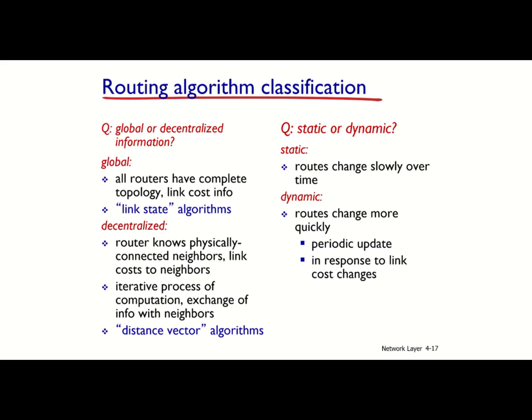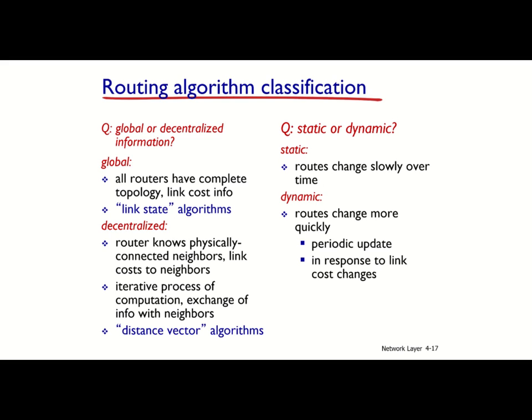Therefore, decentralized algorithms work better for large scale networks. Among the decentralized algorithms, in this lecture I'm going to talk about distance vector, which interestingly has a similar idea to link state, but the implementation of distance vector is decentralized, whereas the implementation of link state is centralized.